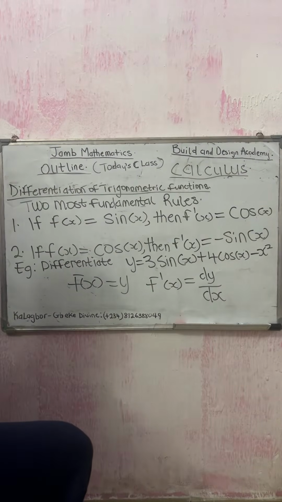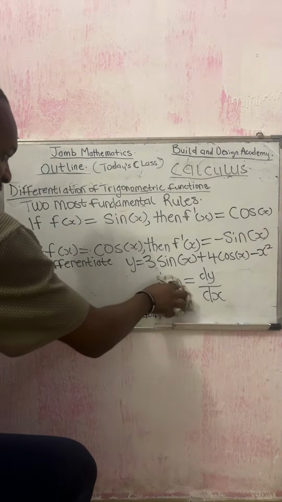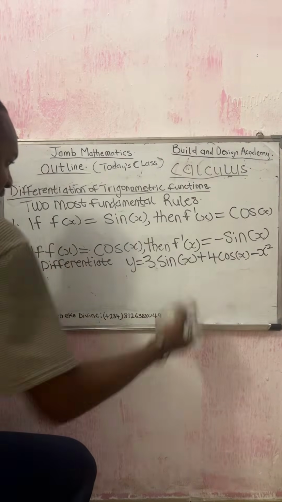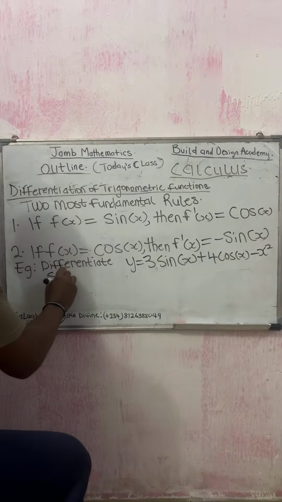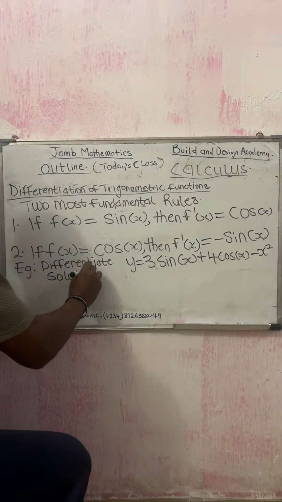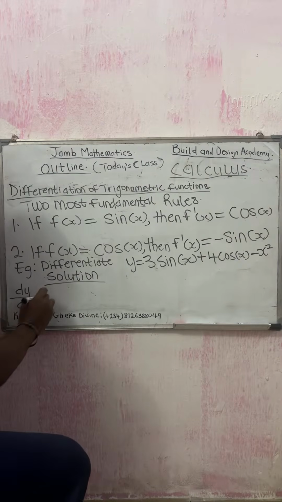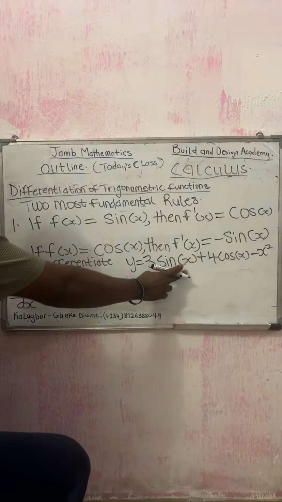They mean the same thing. f of x means y, and first derivative of x simply means dy over dx. So our solution will be dy over dx will be equal to, now we want to differentiate this.